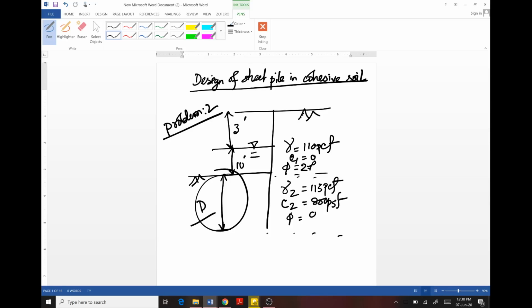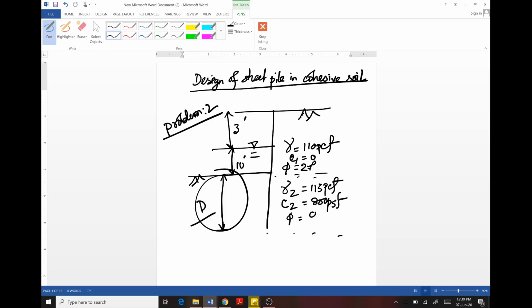So as I have discussed already, that two types of cases in cantilever walls in cohesive soils are of interest. The second case I have already discussed, wall driven in clay and backfilled with sand.